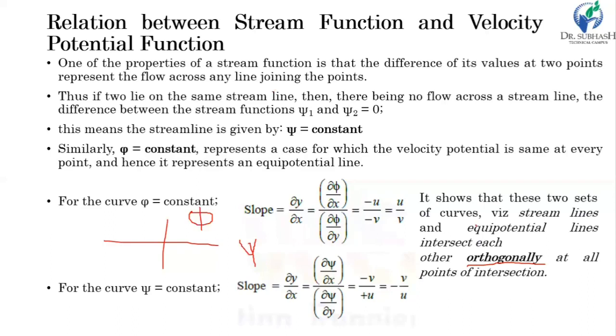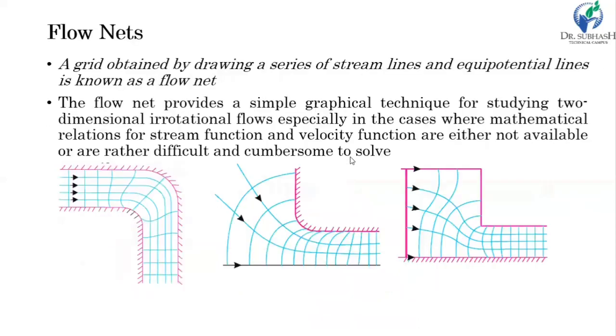After establishing the relation between these two, we get one important graph, or net, which is the flow net. So a flow net is nothing but the graphical representation of streamlines and equipotential lines. Technically, by definition, the grid obtained by drawing a series of streamlines and equipotential lines is known as a flow net.